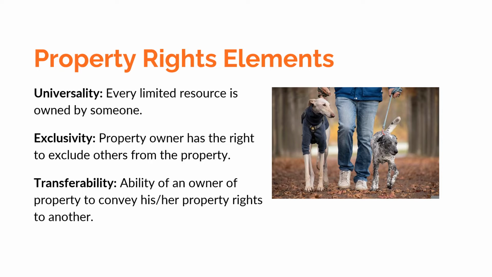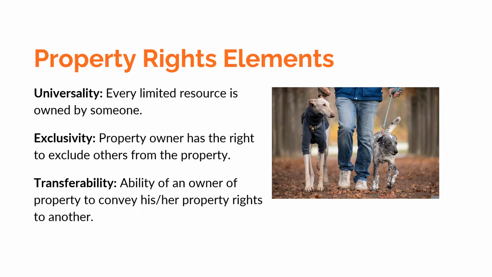There are three property rights elements that inform property law, and those concepts or elements are universality, exclusivity, and transferability. So, universality deals with the concept that every limited resource is going to have somebody who owns it because it is a limited resource and therefore valuable.